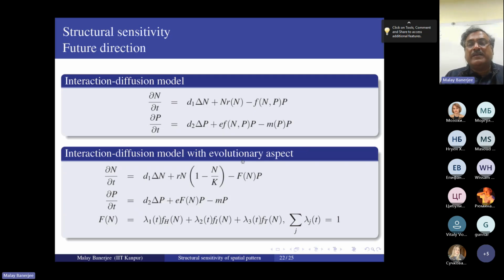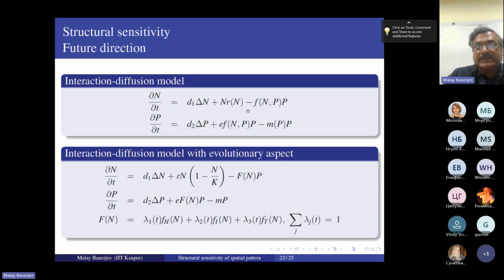And this just came to my mind, so that is why I wrote it in this slide. So one can try to have a look at how structural sensitivity will result in the case of a model with prey as well as predator dependent functional response.